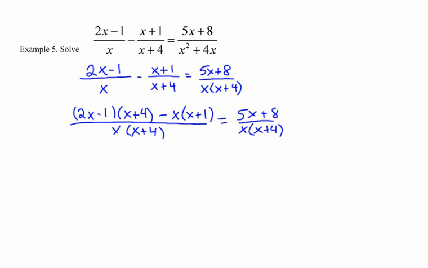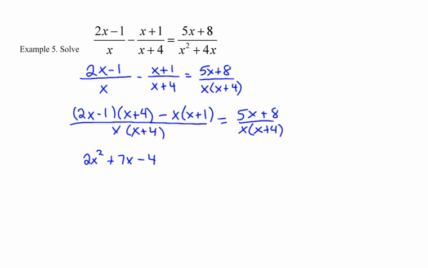Okay, so here our denominators are equal, so we can go straight to letting our numerators equal. Because we have one fraction equals another, we have the same base. So this is equal to that. Okay, so foiling this out, you get 2x squared plus 8 minus 1, it's going to be 7 and minus 4.